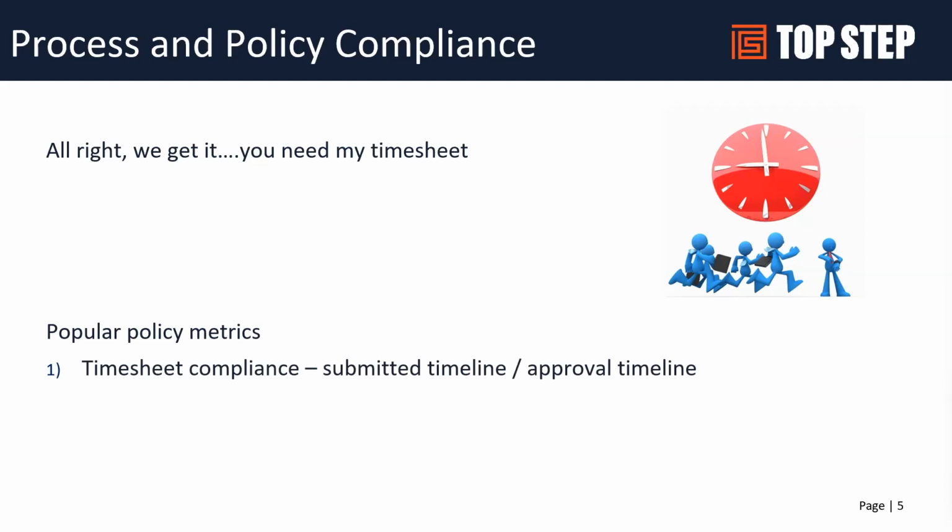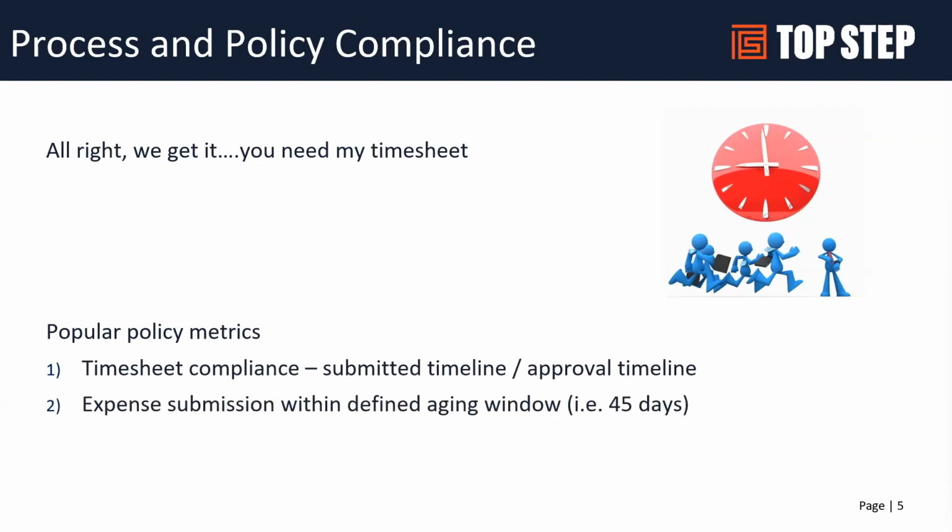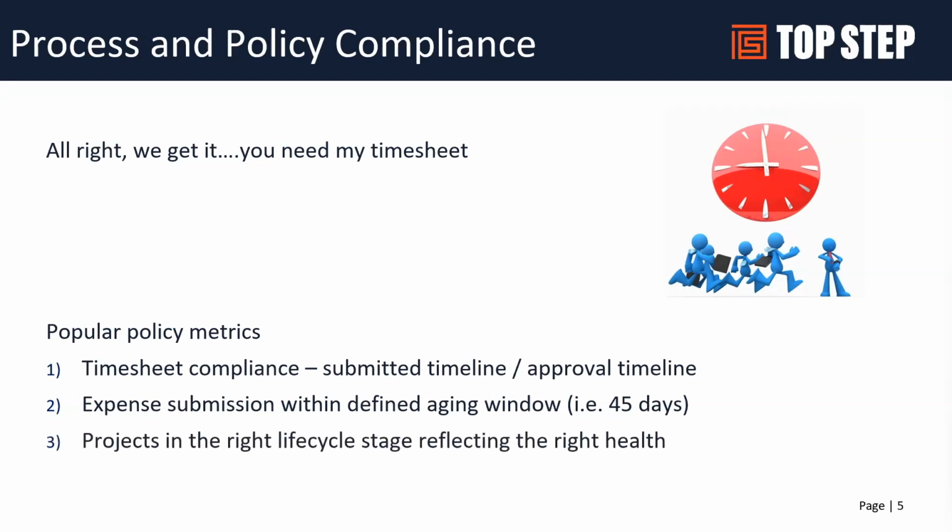So again, going with compliance, going with those notifications, items like expenses, submission, and making sure that it's done within, say, a defined window, projects in the right life cycle stage, reflecting the right health of the project's life cycle, ensuring resources are set up with the proper controls.